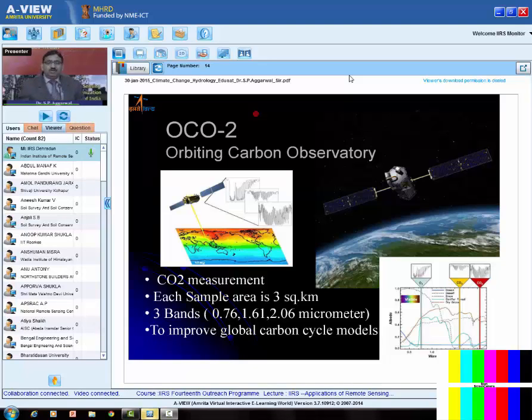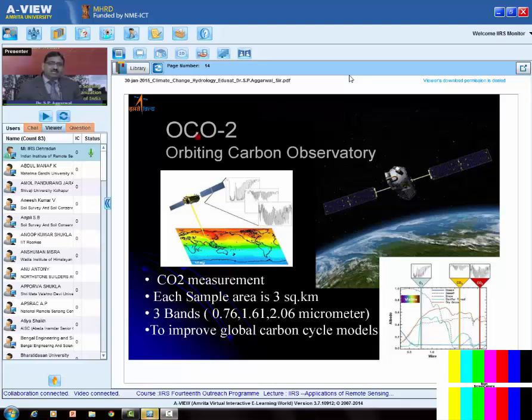So far you have heard about Indian satellites like ResourceSat, Cartosat, and maybe OceanSat, and foreign satellites like Landsat, Ikonos, QuickBird. But these are used for land surface mapping, maybe land use land cover, maybe ocean, maybe snow cover area.